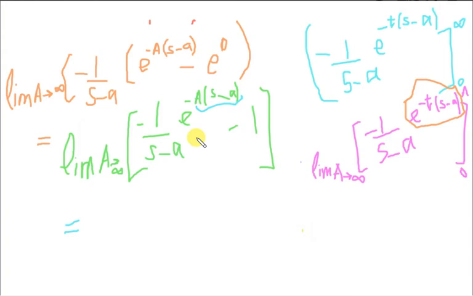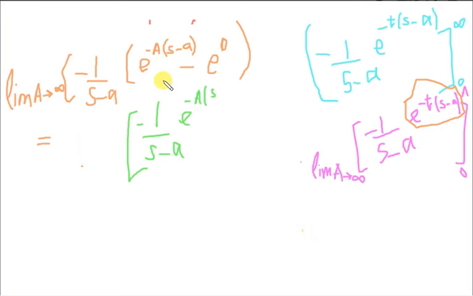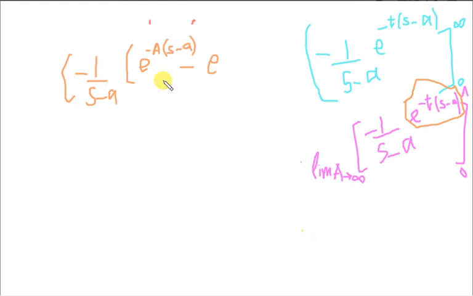There is a little mistake, so let us go back, because I have made a mistake. Let us come to this step. Here when we put t is equal to 0, this term will become e power 0.